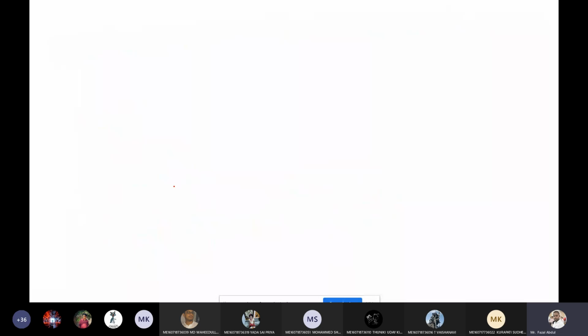Now the sixth failure. The sixth failure is failure of the strap end in shear. Failure of the strap end in shear. How it looks, I will show with the animation video.